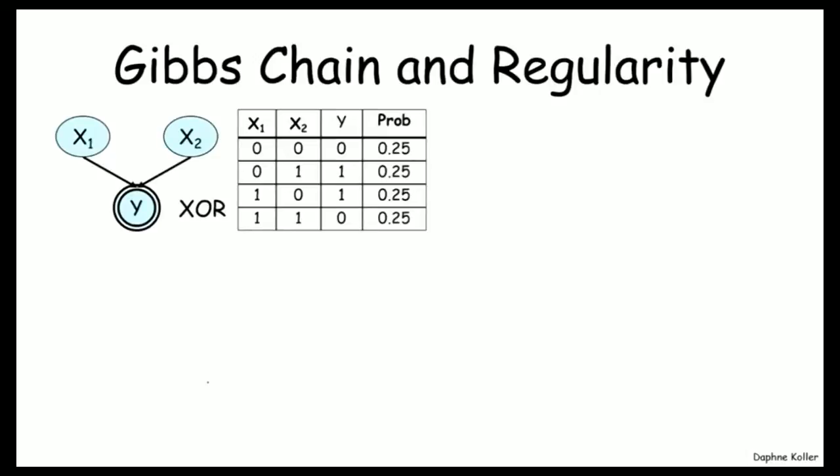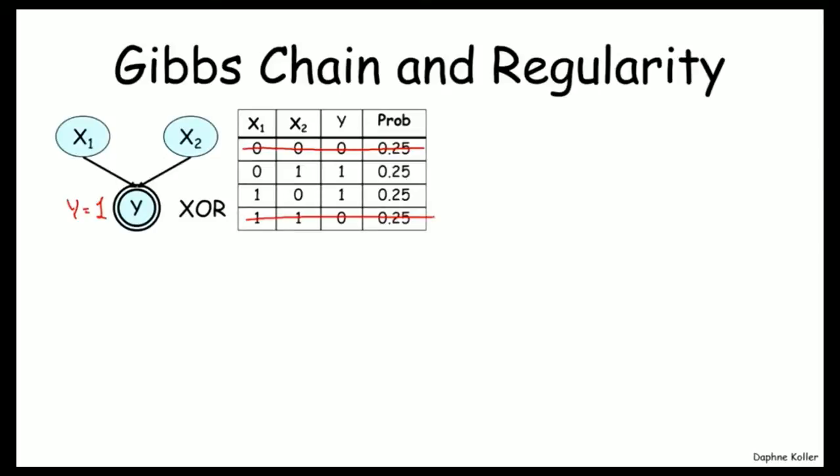So here we have Y, which is the exclusive OR of x1 and x2. And let's imagine that I observe Y equals 1. And so these two disappear. And now I'm going to try and sample x1 and x2, which, if I were so lucky, I would get that each of the two possible states for x1 and x2 occurs with probability 1/2.